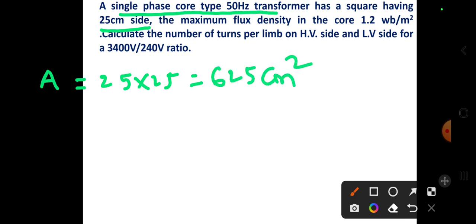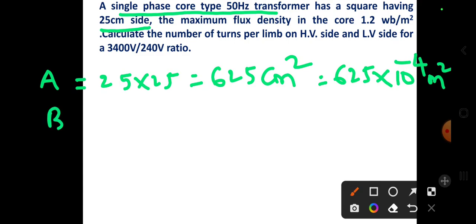If you want to convert to meter, then it will be 625 into 10 power minus 4 meter square. The maximum flux density in the core is 1.2. That means Bm is equal to 1.2 Weber per meter square.